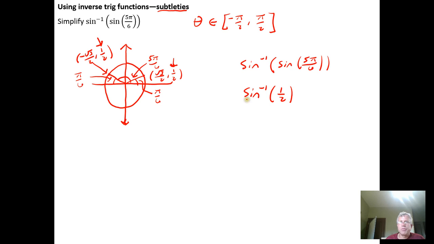So the output to sine inverse of 1/2 is going to be the angle pi over 6 radians, or if we're in degree world, 30 degrees. So this example is here to demonstrate that you can't just cancel when you're working with inverse functions. You have to pay attention to the domain and range of your inverse function.